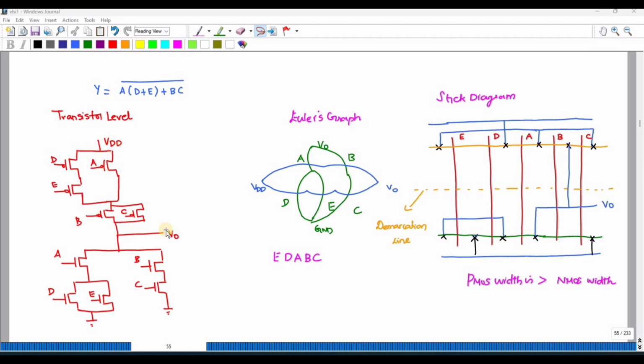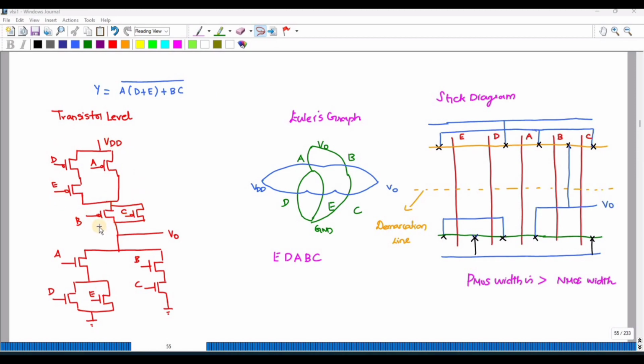Similarly, if B and C are turned on, there is a low resistance path between the output and the ground. So that is why it is called static logic. CMOS means complementary logic. This NMOS is called the pull down network and PMOS is called the pull up network.